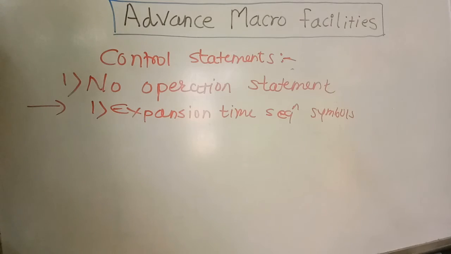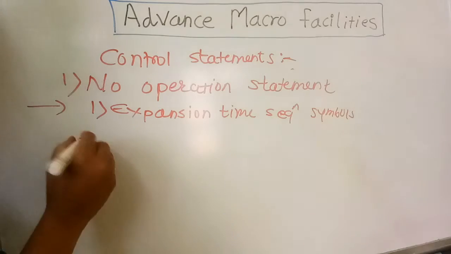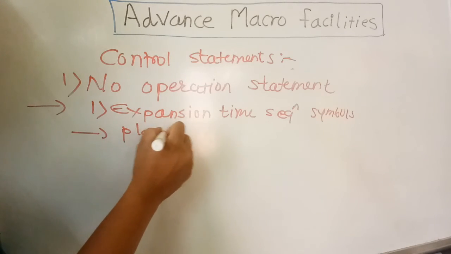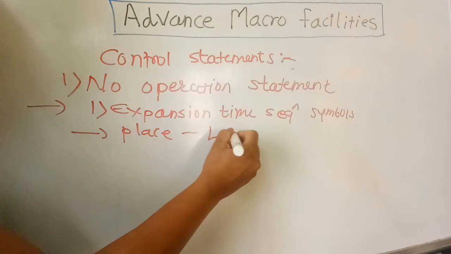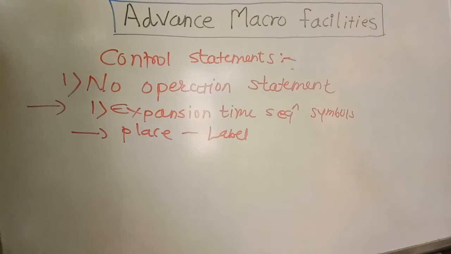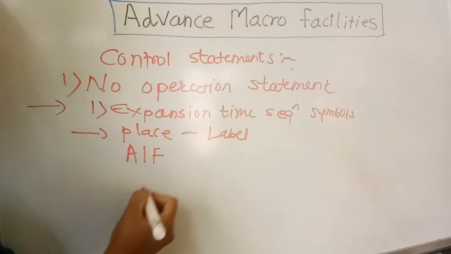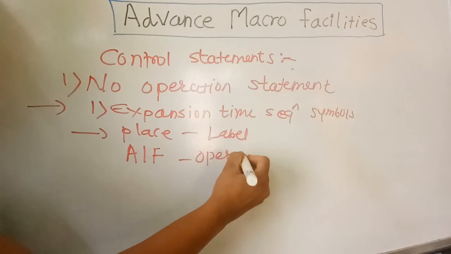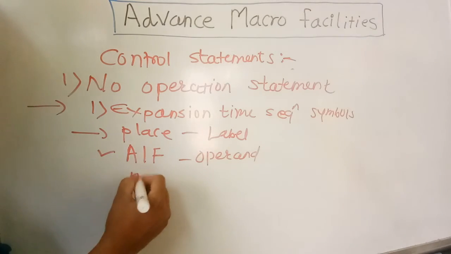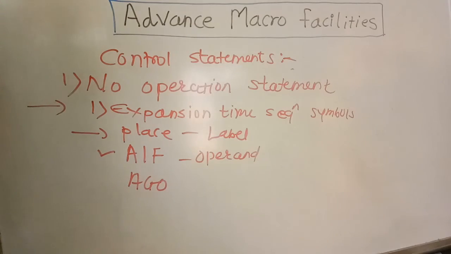The expansion time sequencing symbols are always defined in the label field of the statements in the macro body. It is used as an operand in the AIF or AGO statements to designate the destination of the expansion time control transfers.